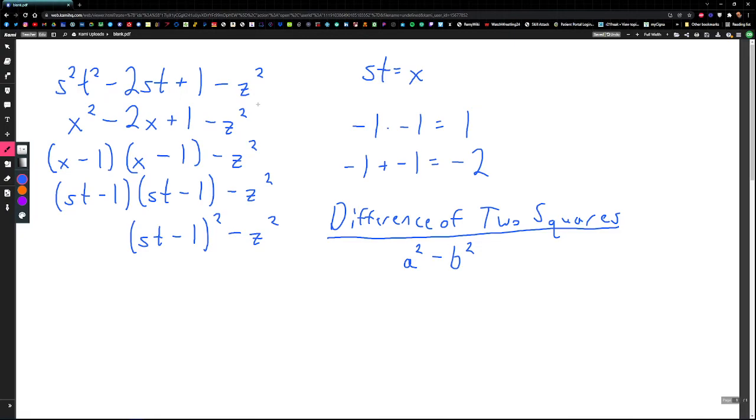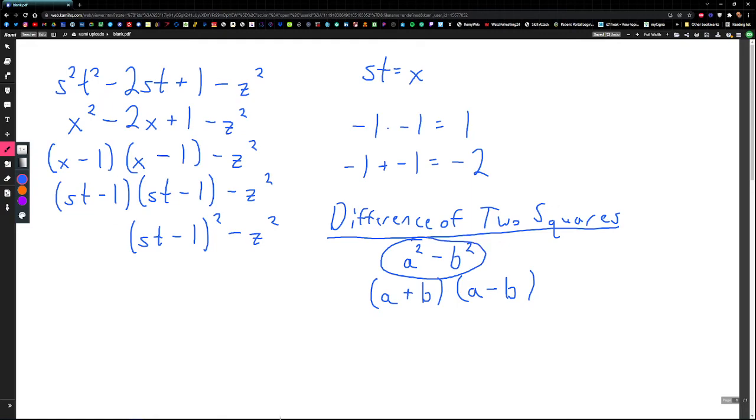You'll have your two sets of parentheses with the square roots of each of these terms. So the square root of a squared is a, and the square root of b squared is b. And in between each of these terms, you'll have a plus sign and a minus sign. You can verify this by multiplying it all back together, but that's how you would factor a difference of two squares.